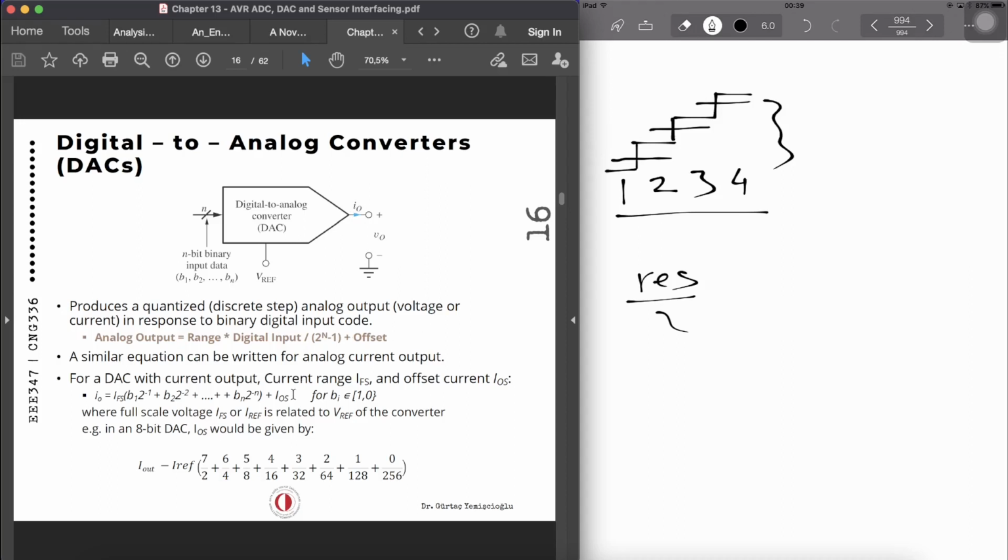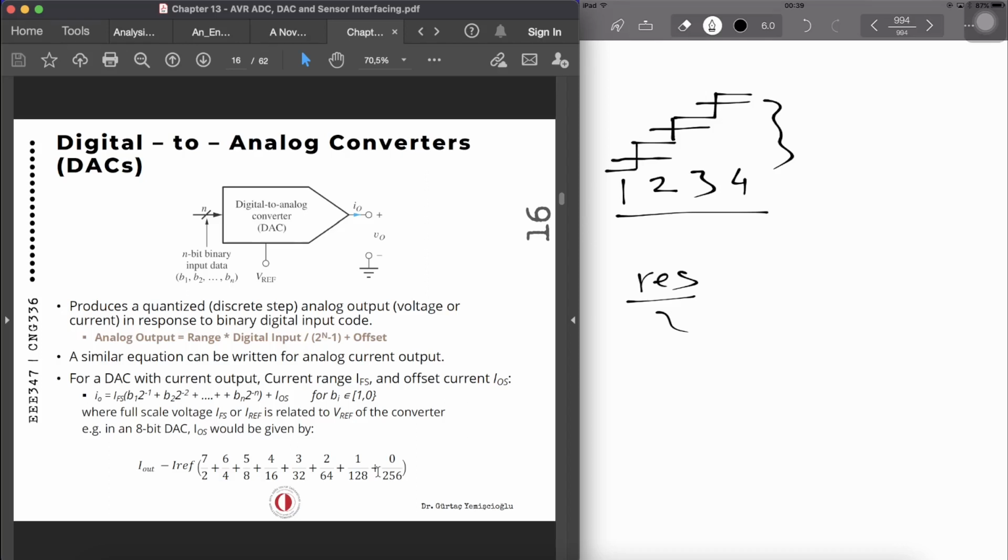So we can insert the current range instead of the voltage range, and instead of voltage offset, maybe a current offset. So for example, if you wanted to figure out the offset value here, it will be I out over F multiplied by the digital values, which gives us the value that we require for the analog output. Okay, so this is the main idea of the digital to analog converters.